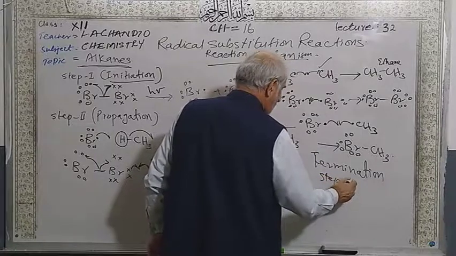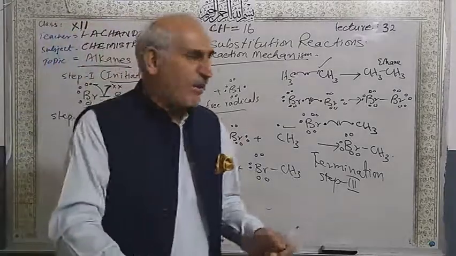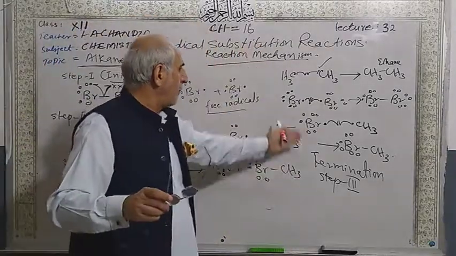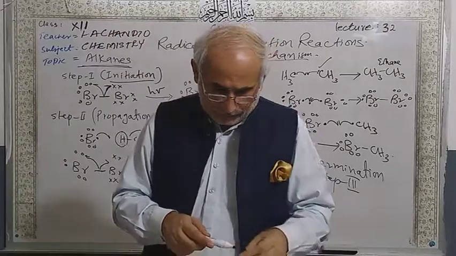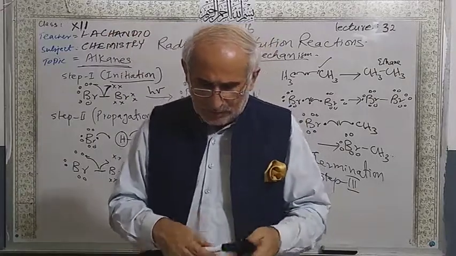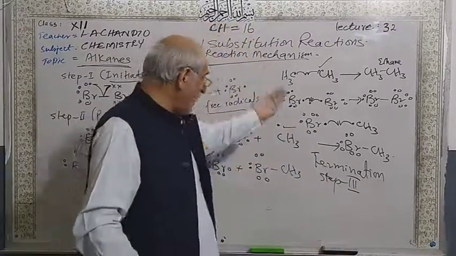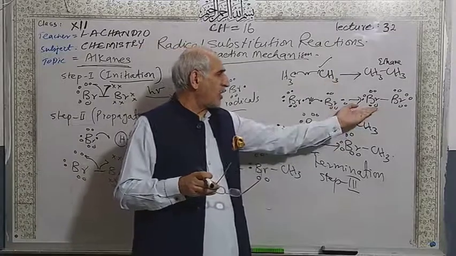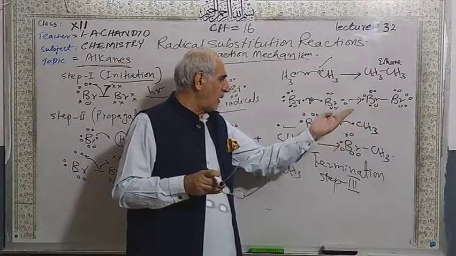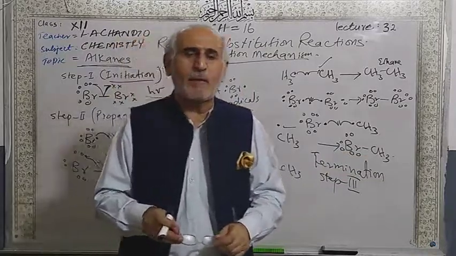Step number 3 is called termination, where you are making products. Various reactions between the possible pairs of radicals allow for the formation of ethane, the bromine molecule, and methyl bromide, bromomethane.